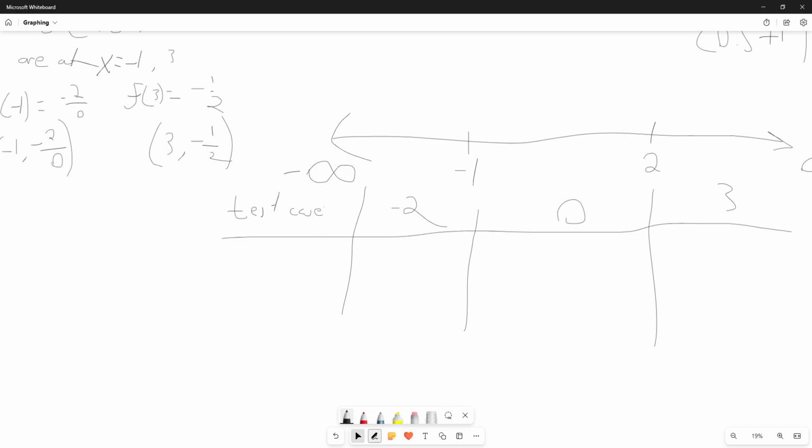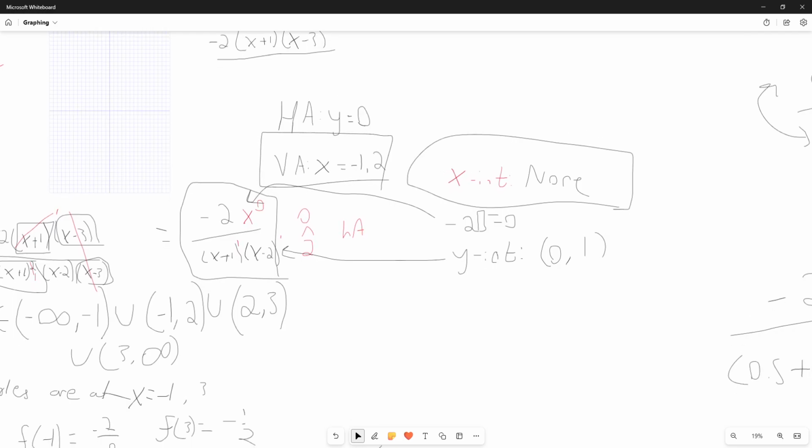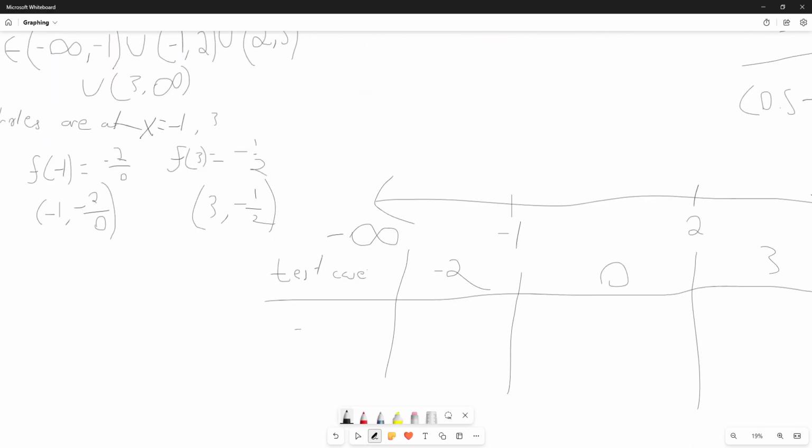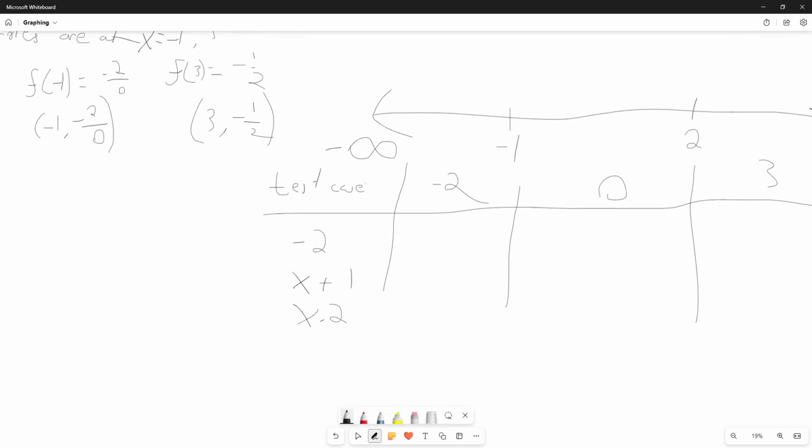And then we use every single part of our function. So -2, so right here -2, x plus 1, and x minus 2. And we're going to have our final positive, negative intervals. Just bring down the line.